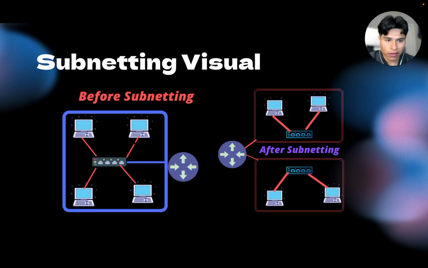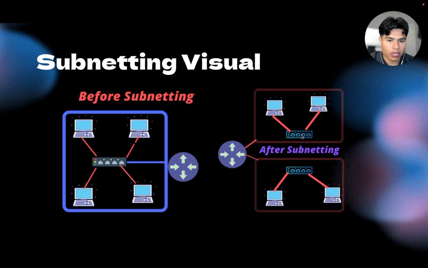And this is just a visual of what subnetting can look like. On the left side, you have a switch with 4 laptops and then a router. And on this side, you still have the same number of devices and the same router, but now you have 2 switches, and 2 of the devices are connected to one switch, and another 2 devices are connected to another switch, and then they are within their own subnetwork.